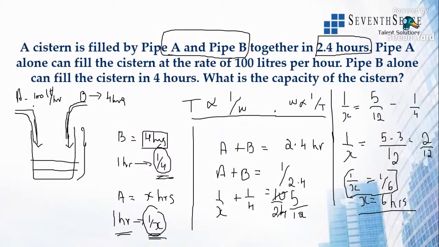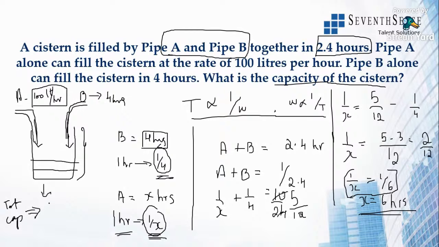If the speed of pipe A is 100 liters per hour and it takes 6 hours to fill the tank, can anyone tell me the total capacity of the tank, that is, the cistern? We know the total duration of A: pipe A takes 6 hours to fill the tank, and the speed is 100 liters per hour.